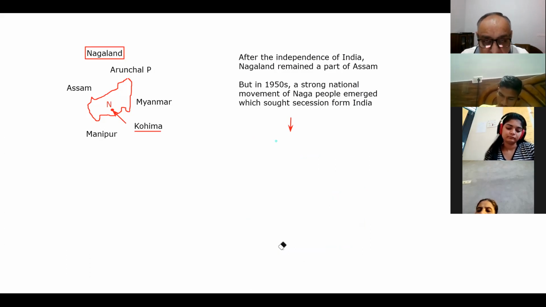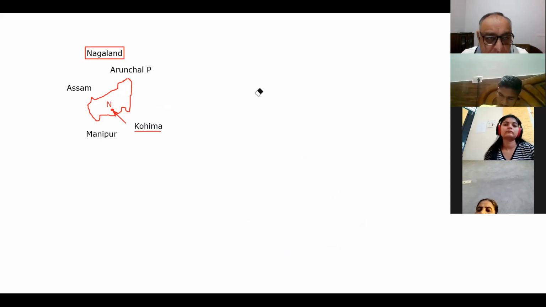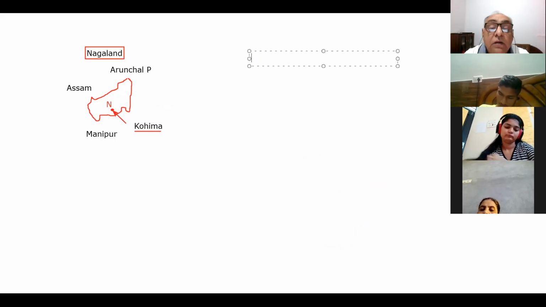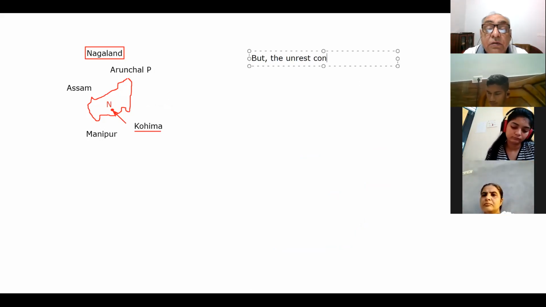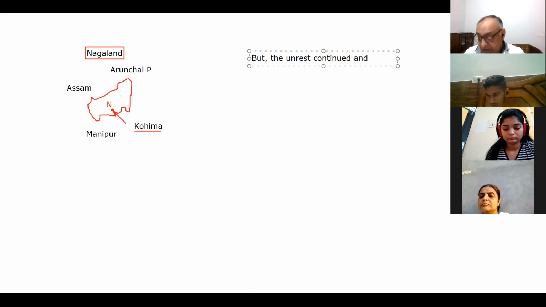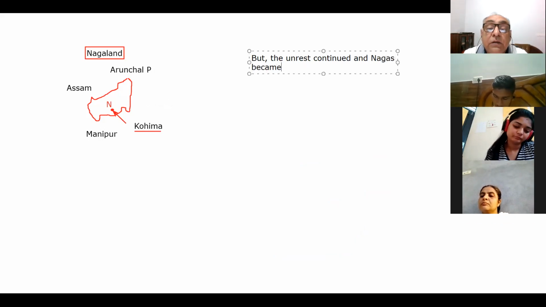But the unrest continued, and Nagas became non-cooperative with the government.